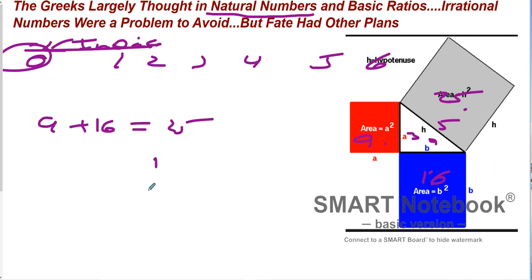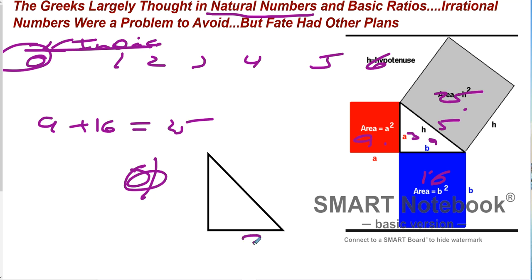The reason that's handy is because, let's get a right triangle up here. The reason the Greeks like this is, imagine having some 2, 3, and then x. We would do 2 squared plus 3 squared is equal to x squared.